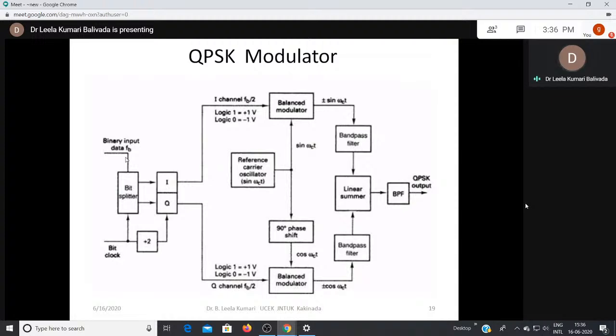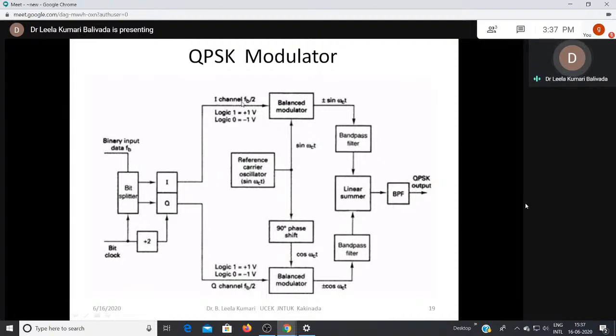The 2 bits are clocked into the bit splitter. After both bits have been serially inputted, they are simultaneously output in parallel into the I and Q channels. One bit is directed to the I channel and the other is directed to the Q channel. So this is the I bit modulator, and this is the Q, that is the quadrature phase section.